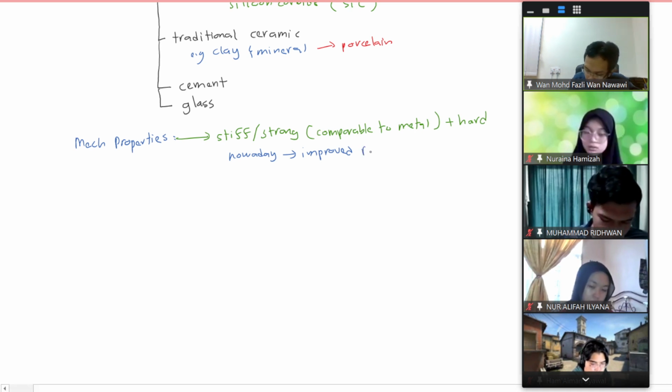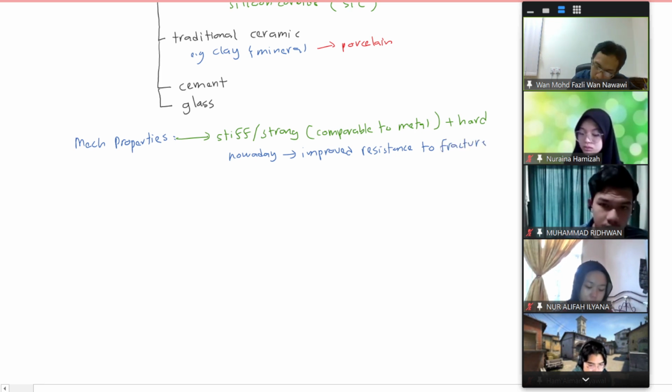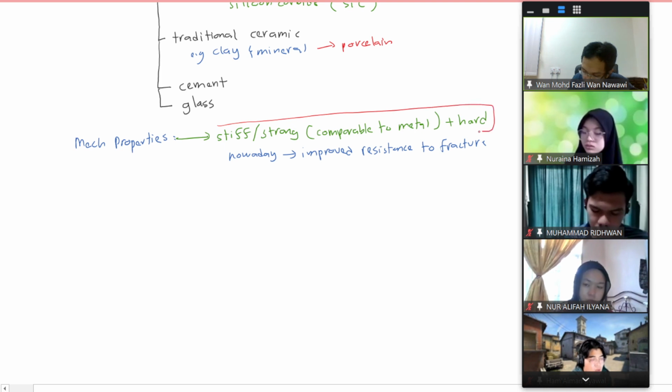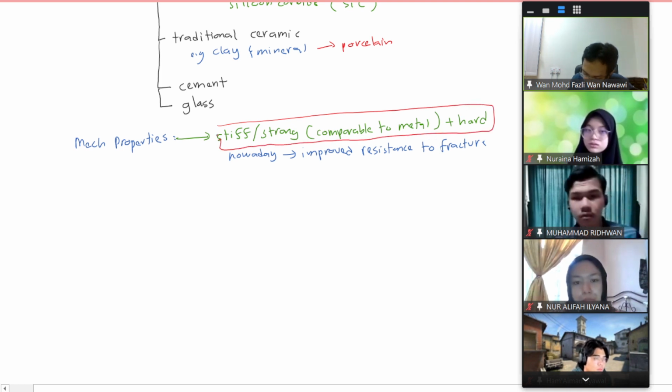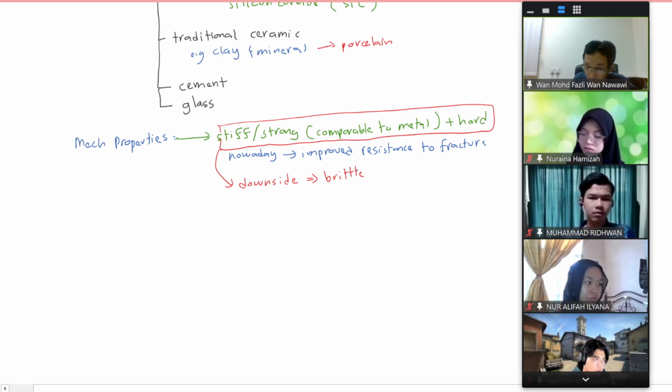Because one of the biggest problems with ceramic is that, even though it's stiff and strong and hard, the downside is that ceramic is brittle. Wait a minute, I need to do this.